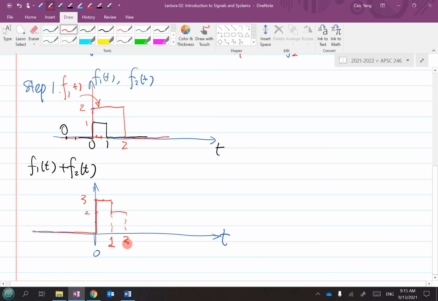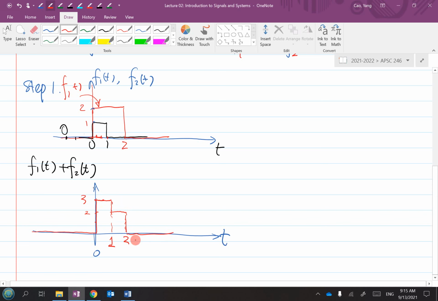So you've stepped down by a value of 1, from 3 to 2. And after t equal to 2, both of the functions go back to 0. So you end up with a 0 for the rest of the values. That's the result of the addition of the two graphs. You step down, you step up, and then step down, like this.